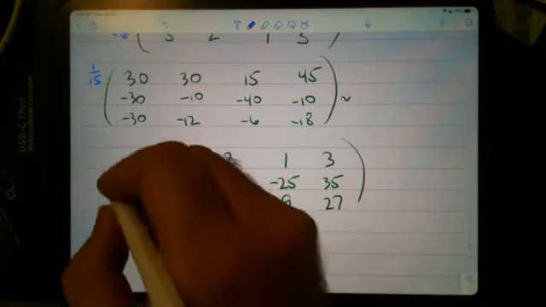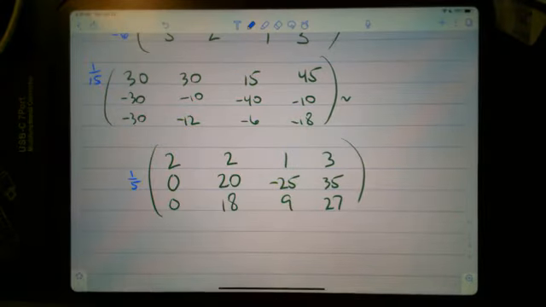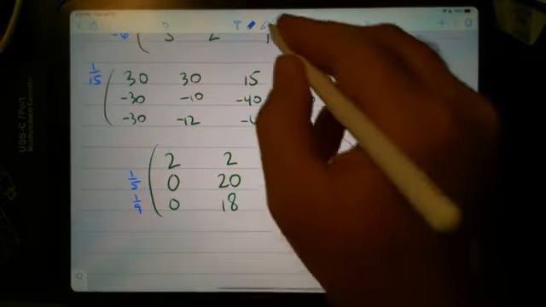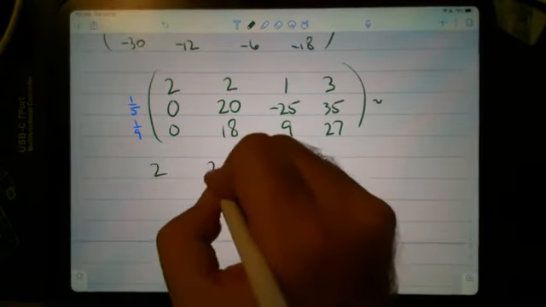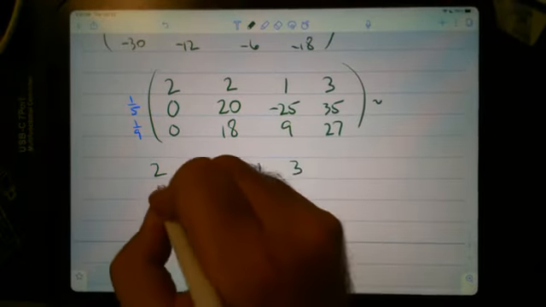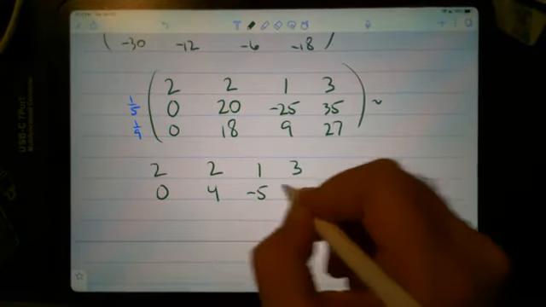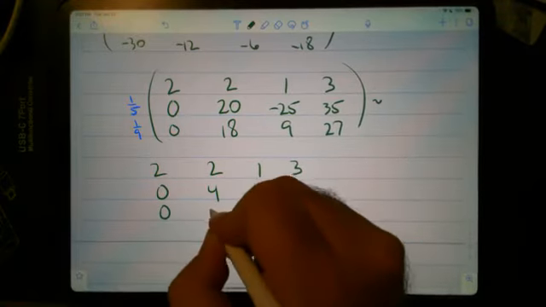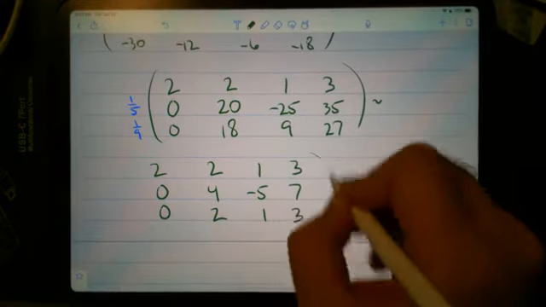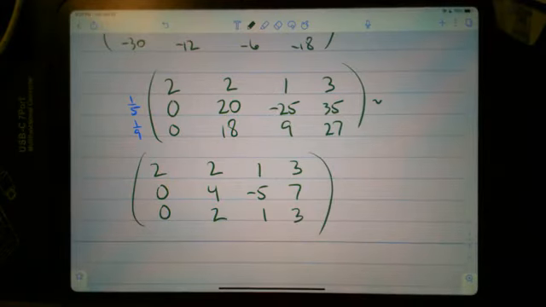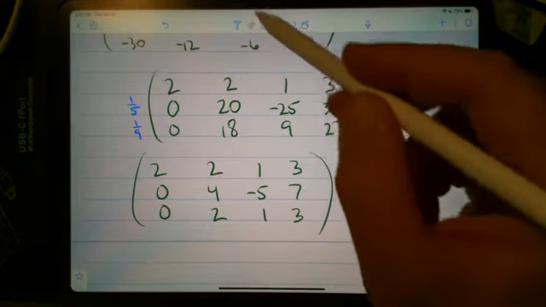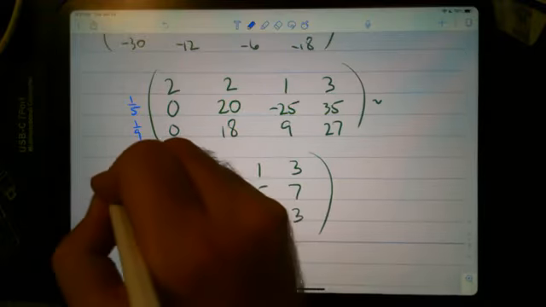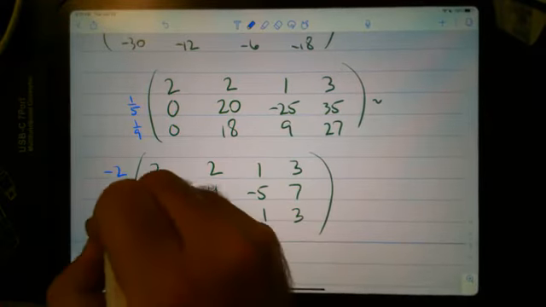Let's multiply the second row here by 1 over 5 and this bottom one by 1 over 9. Okay. Now let's multiply this row here by a negative 2 and this one by a negative 2.